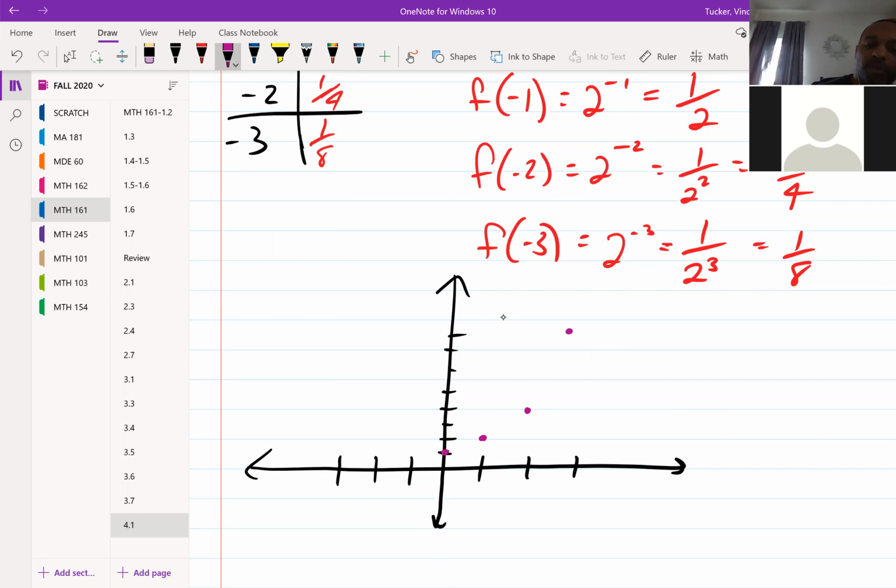Then -1, 0.5, so that'll be right here. Then -2, that'll be 0.25. Then -3, I believe that's 0.125. And you can see the general shape of your exponential function.